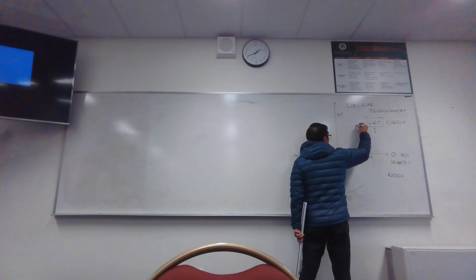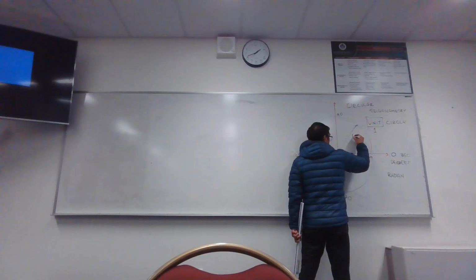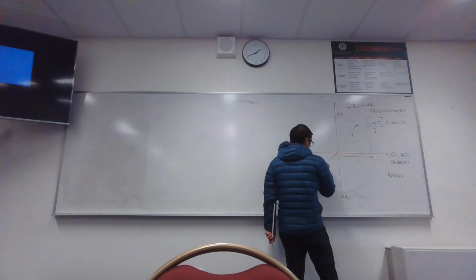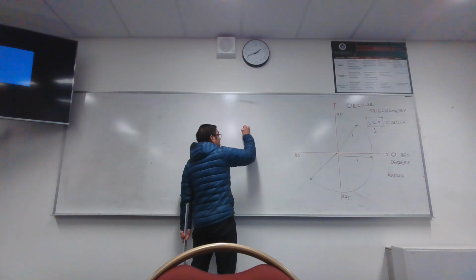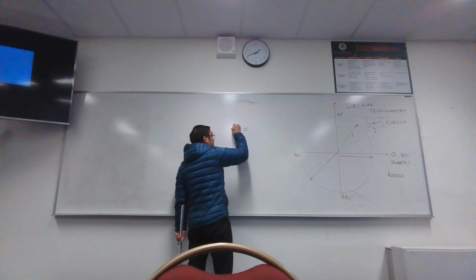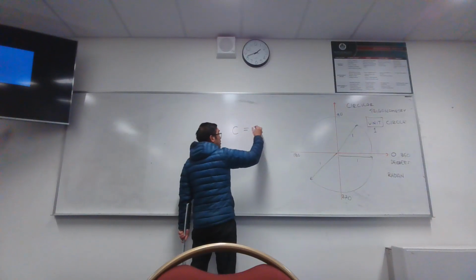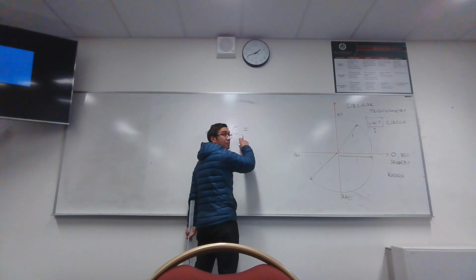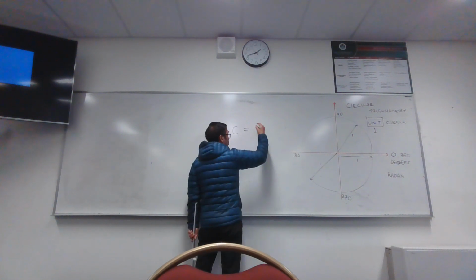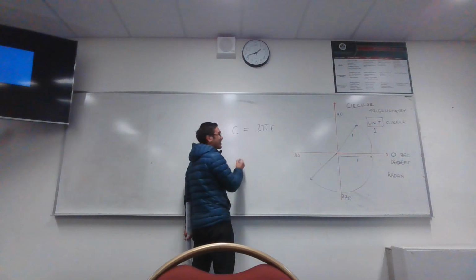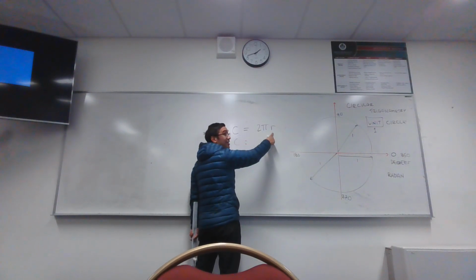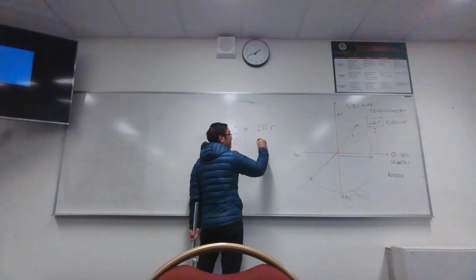If I go from here to here, it's 1, 1, 1, all the way around. So if I have my circumference, what's circumference equal to? 2 pi r. What's my r? 1.